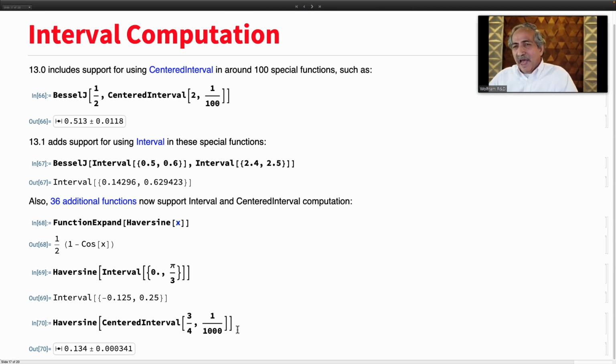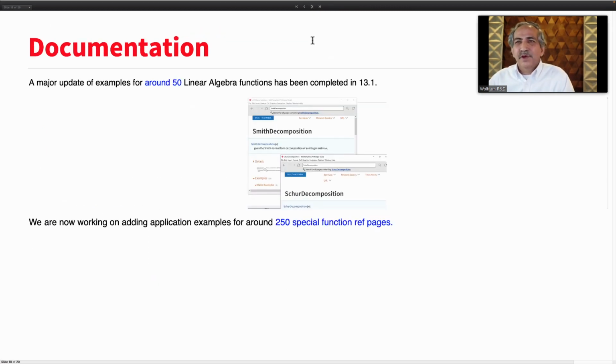Okay, so I've mostly finished with the algorithms, and I now go on to an important theme for us, which is documentation. So we've been working on these linear algebra functions for the last 2-3 years, and now we finally finished an update for around 50 linear algebra functions for 13.1.